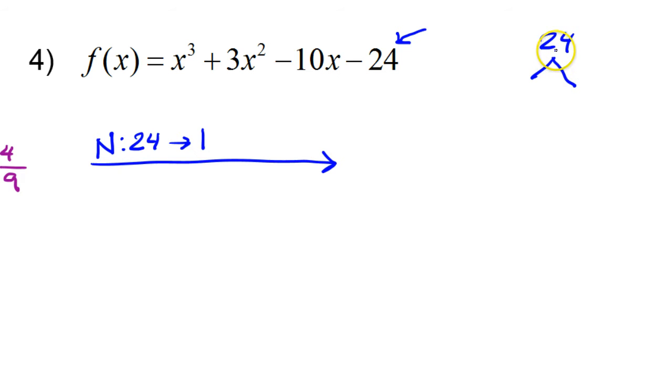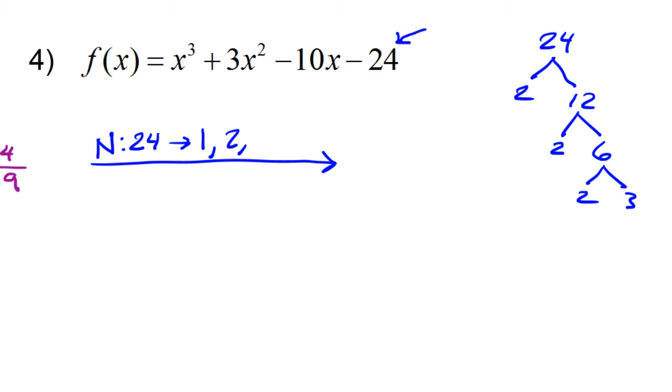So for example, 24 is 2 times 12, and then 12 is 2 times 6, and then 6 is 2 times 3. Just doing this process helps you think about what all the factors are going to be.